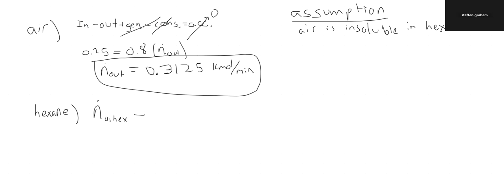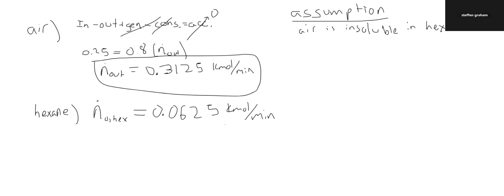So the rate hexane is leaving is going to be 0.2 times N out, 0.3125, which is 0.0625 kilomole per minute.